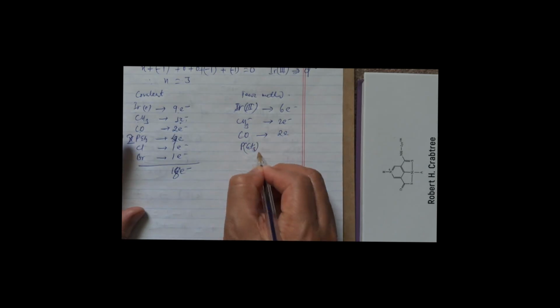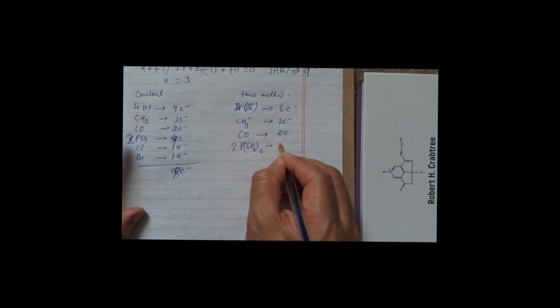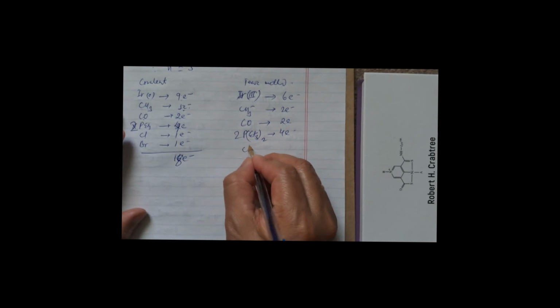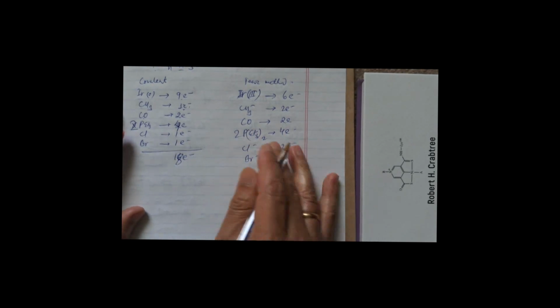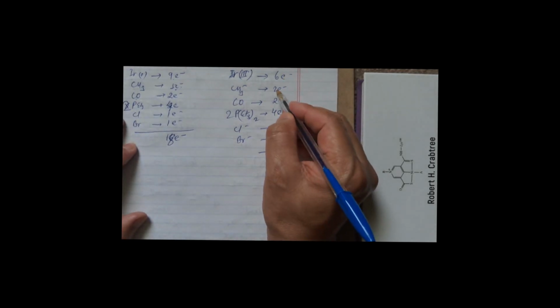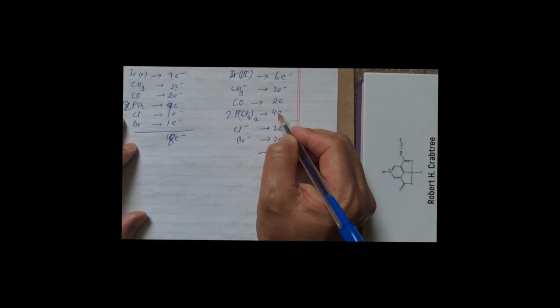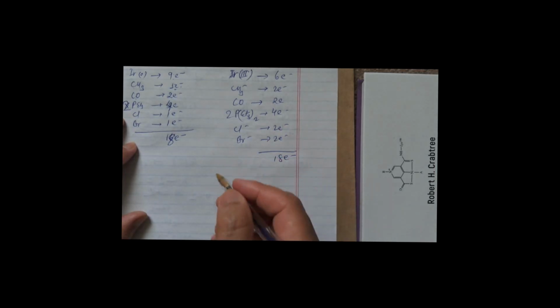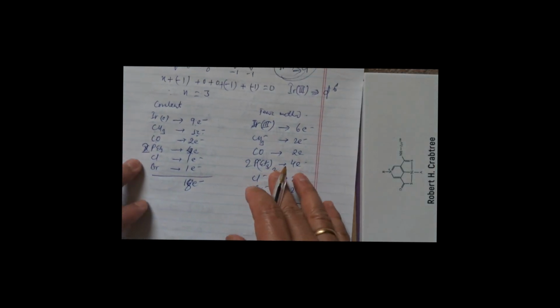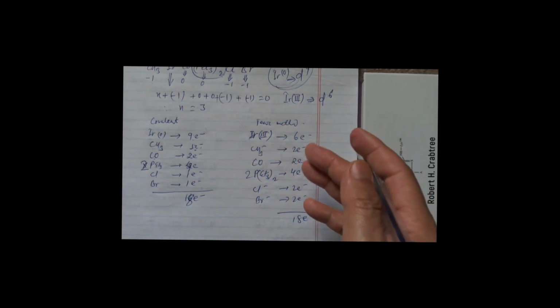No need to worry, it's a neutral one again. So chlorine minus, 2 electrons, bromine minus, 2 electrons. If you add it, 6, 8, 10, 14, 16, 18 electrons. So this is how you can calculate the 18 electrons.